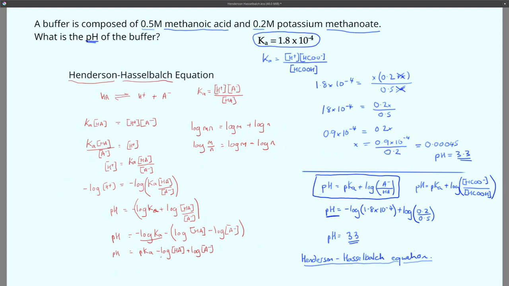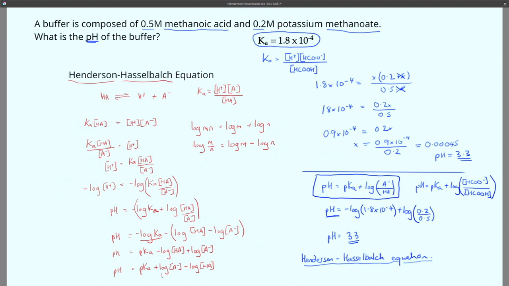Unfortunately with these last two we can't do much; there's no way we can tidy them up. So what we're going to do instead is put them back together. And here you should see that we can rearrange this to give you pH equals pKa plus log of A minus, minus log of HA. Just put them back into the nicer order.